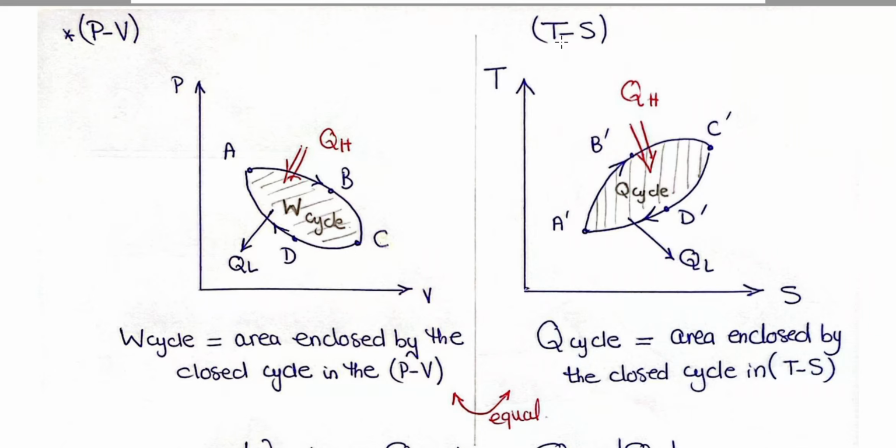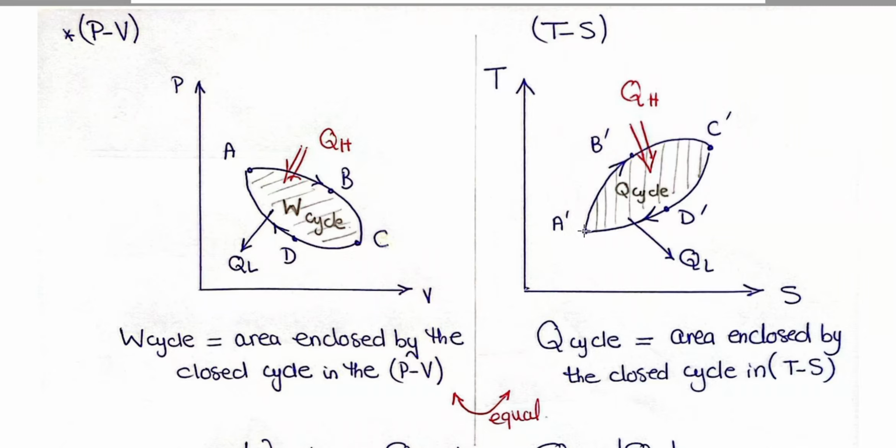Now I will draw the same cycle but in the TS diagram. In the path A, B, C, the gas absorbed an amount of heat called QH and it increases its volume and its temperature.